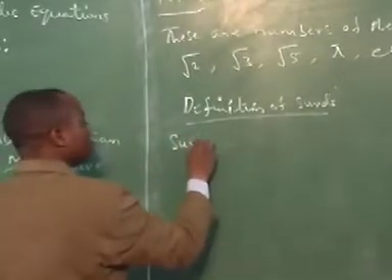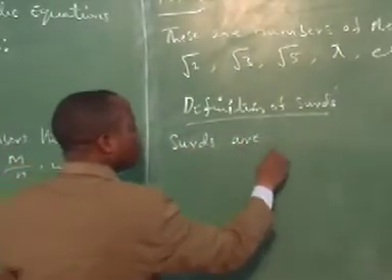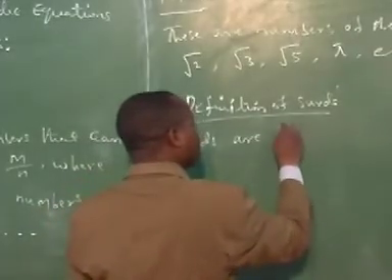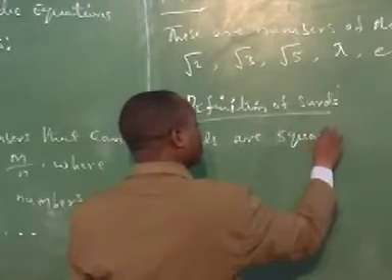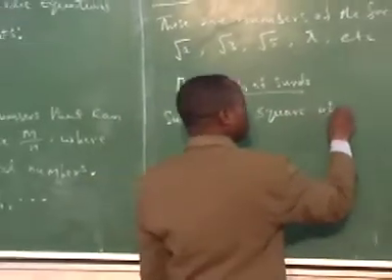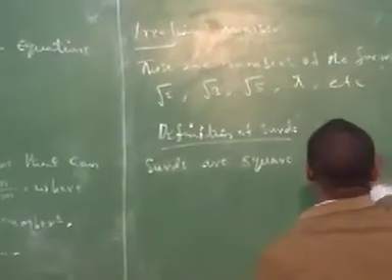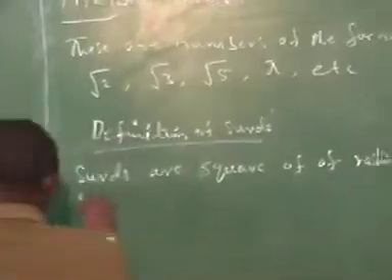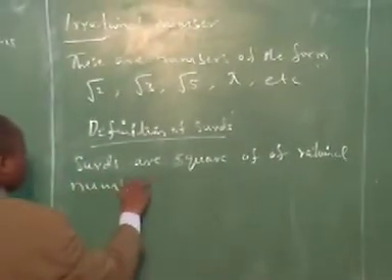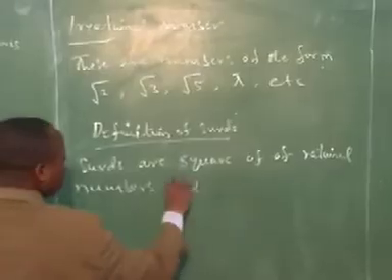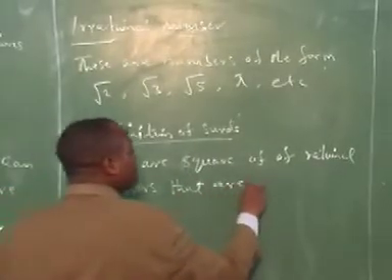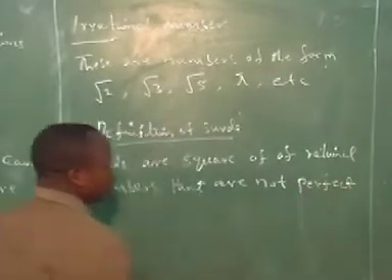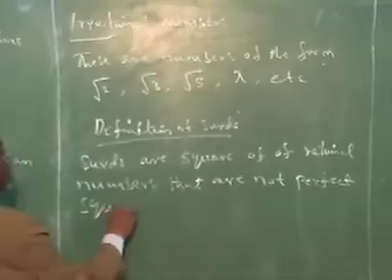Surds are square roots of rational numbers that are not perfect square.